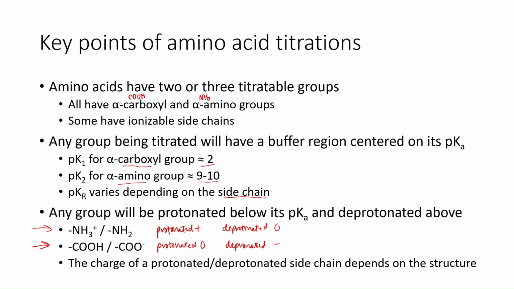So that's something to keep in mind as we go through these various aspects of titrations. For a side chain, whether or not it's charged when it's protonated or deprotonated depends on the structure of the side chain. Some will be more like our amino group, and some will be more like our carboxylic acid group. We'll look into that in more detail when we start talking about the titratable side chains.